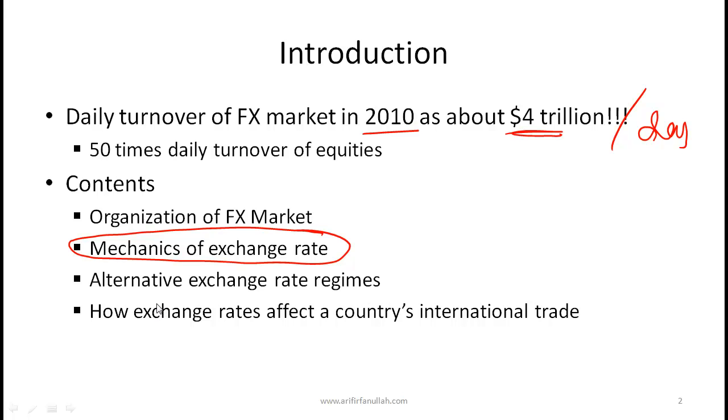So there is no concept of an exchange rate, because a country like Panama might just use the dollar, or even countries like Greece and Italy in the Eurozone don't have a currency of their own. So we are going to talk about 8 different exchange rate regimes, and then how exchange rates affect a country's international trade. So that's our plan for today.